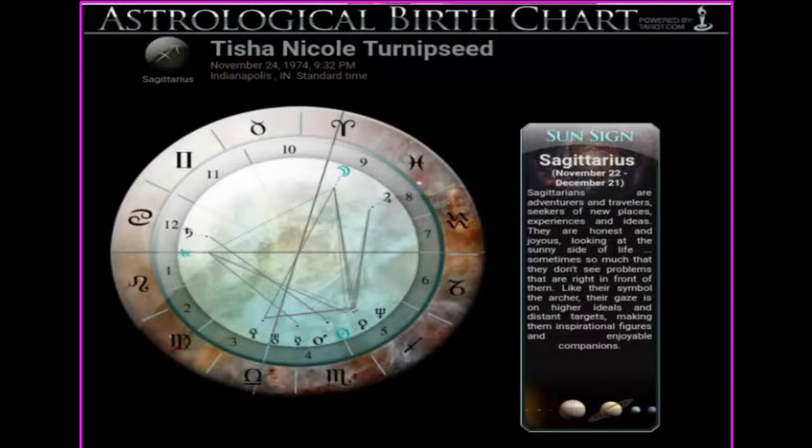My birth name is Tisha Nicole Turnipseed. According to the chart, I was born Sagittarius. And we're going to look at that as well, because that's some controversy that has been one of the foundations of the topic of astrology on the Karmic Dynasty platform.